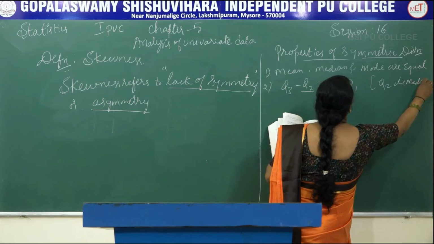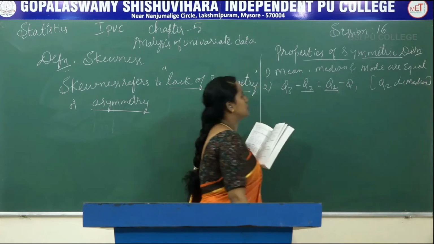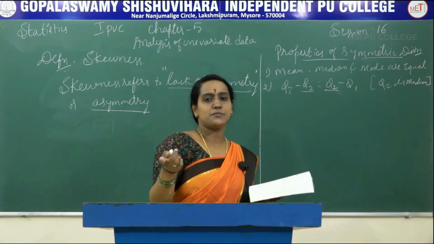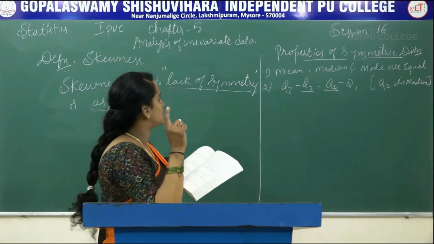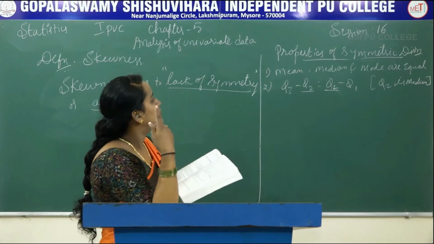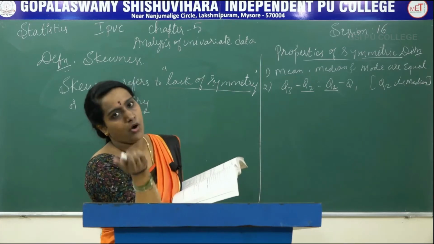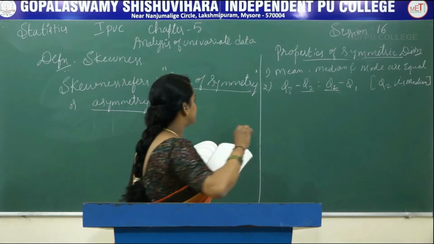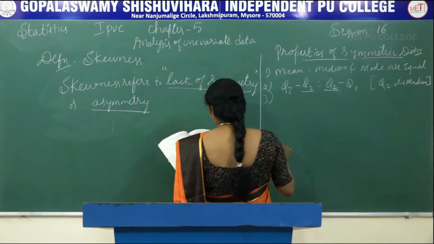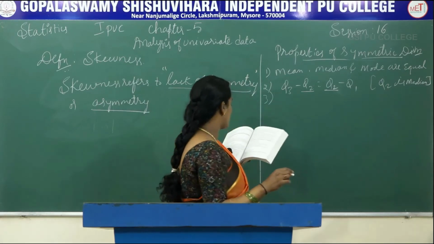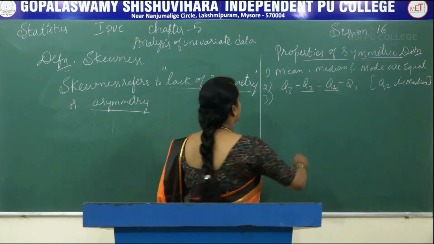We know that Q2 is the median. The distance between the upper quartile, Q3, and the median, and from the median to the lower quartile, is the same. When a symmetric distribution is plotted on a graph, we will get a bell-shaped curve.